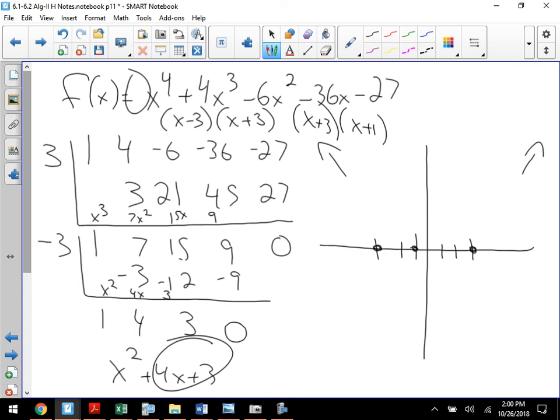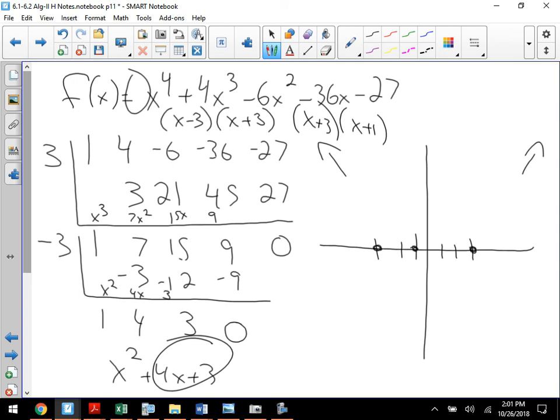Now, when you guys had quadratics before, x squared plus 6x plus 9. If you had to factor that, you'd say what times what is 9, and they have to add to get 6. 3 and 3, right?